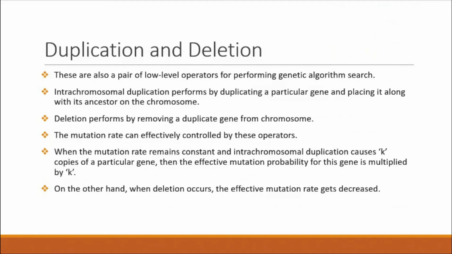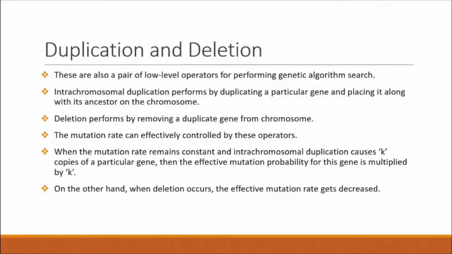By this, the mutation rate is changed. The mutation rate can be effectively controlled by these operators. The way this works is, if there are k copies of a particular gene, then the mutation probability for that particular gene is multiplied by k.